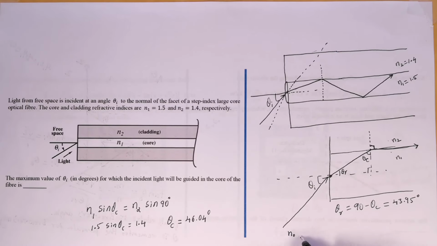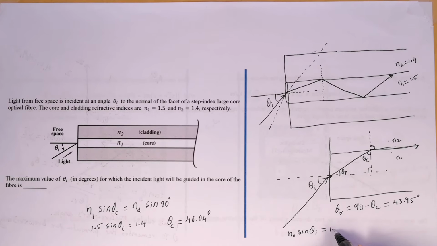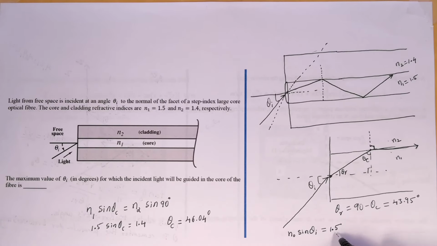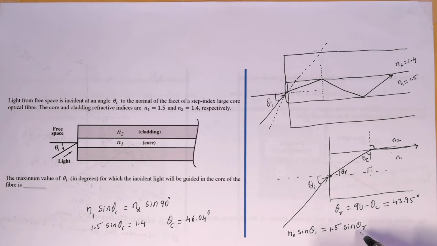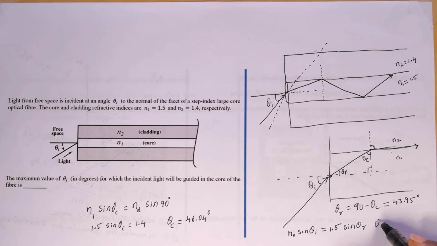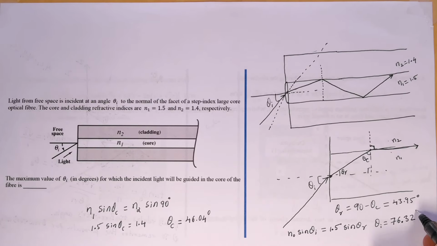N0 sine theta I is equal to 1.5, the core refractive index N1, times sine of theta r. We know theta r, and we know N0 is 1, so we can calculate theta I. Theta I equals 76.32 degrees.